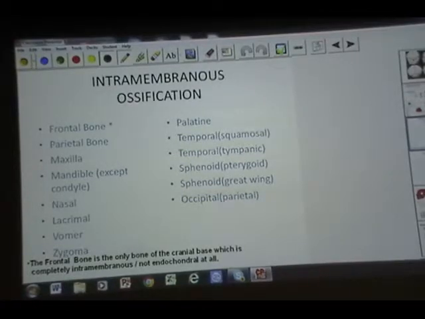Anything surrounding this meatus is, for example, a small portion of the petrous temporal, but basically this region in front of, or extending off of the squama, is an intramembranous development bone.